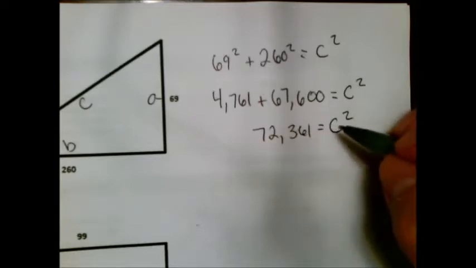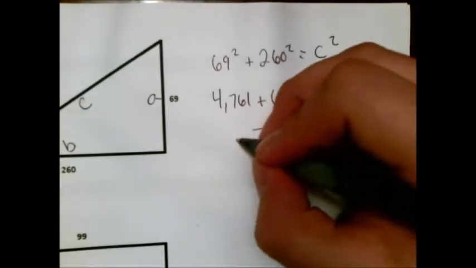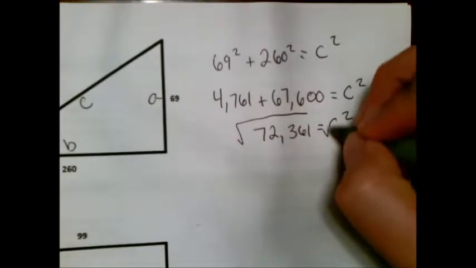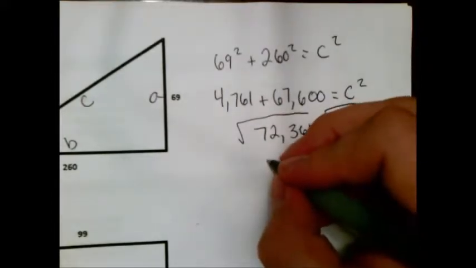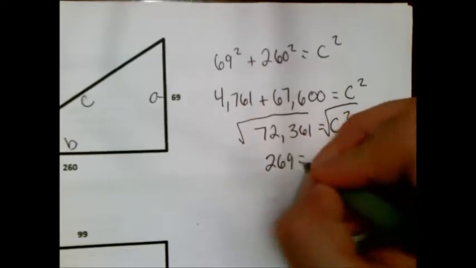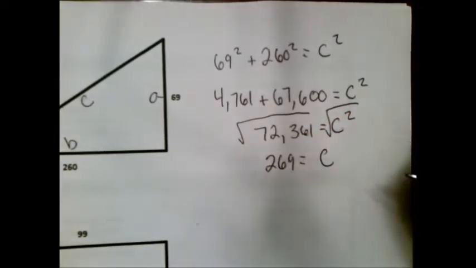Now we've got to solve for C. So we've got to square root both sides. So 72,361, if we square root both sides, we should get 269 equals C. And that's our third side.